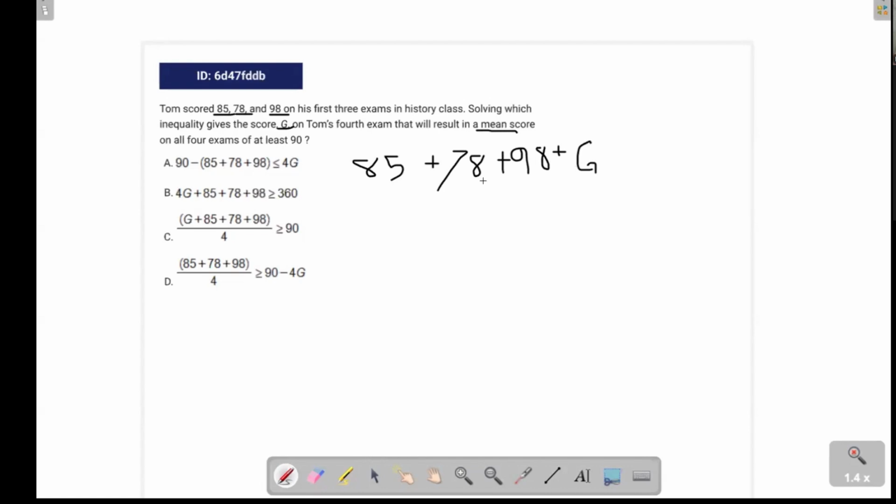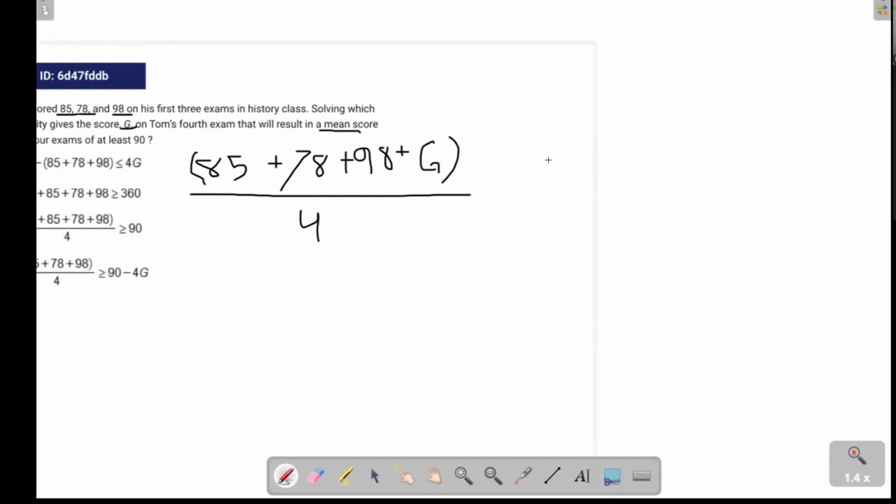And how you find the mean is you have all your values and then divide by the number of those values. And here there are four exams, so you're dividing this whole thing by four. And you want your score to be at least 90. So it's going to be 90 right here.